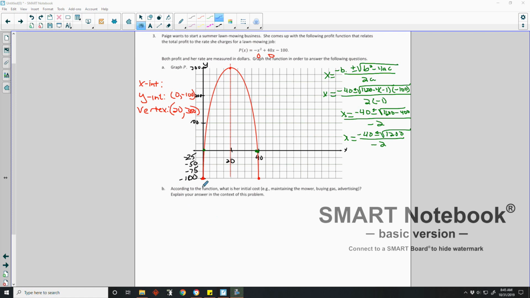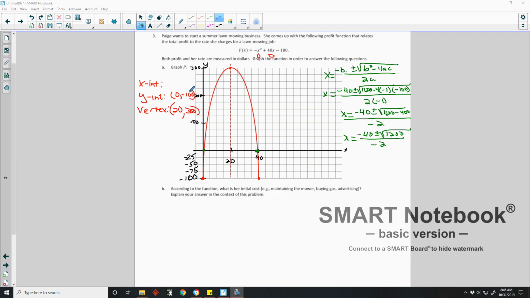Okay, part B says, according to the function, what is her initial cost? For example, maintaining the mower, buying gas, advertising. Explain your answer in the context of the problem. Okay, so in other words, what that means is, initial cost is when she hasn't mowed any lawn. So if we plugged in 0 here and here, in other words, the y-intercept.